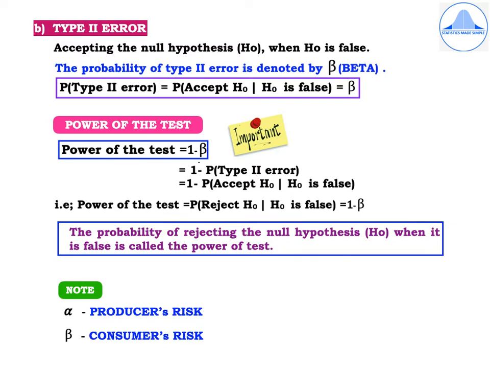So 1 minus probability of accepting H0 when H0 is false turns out to be nothing but probability of rejecting H0 when H0 is false. So the probability of rejecting the null hypothesis H0 when it is false is called the power of the test. Also note that alpha is called the producer's risk and beta is called the consumer's risk.